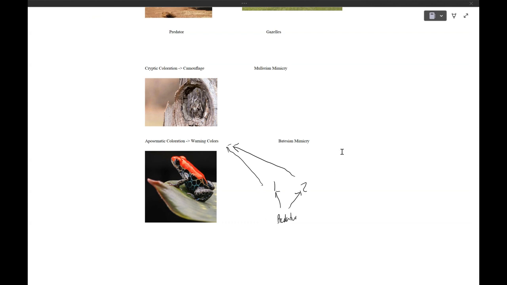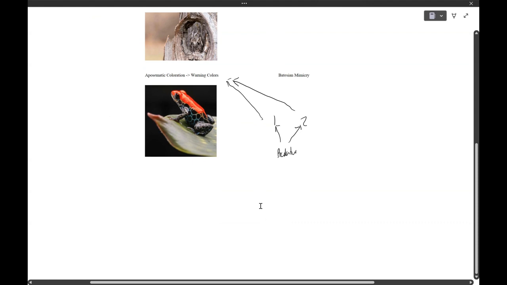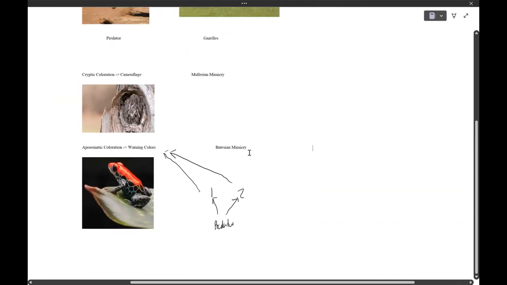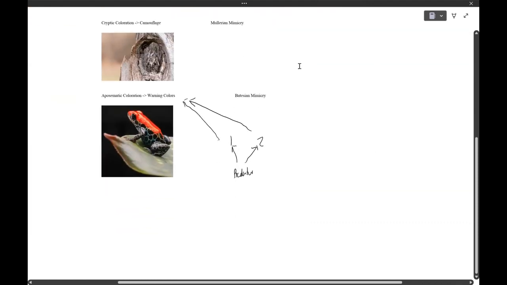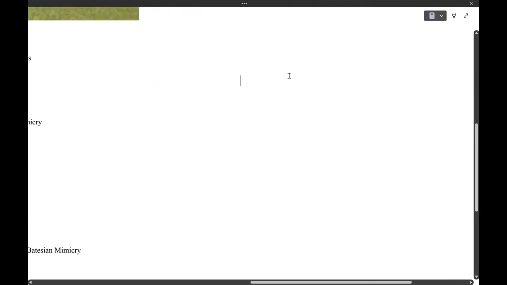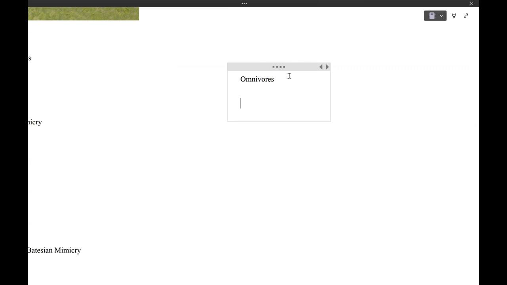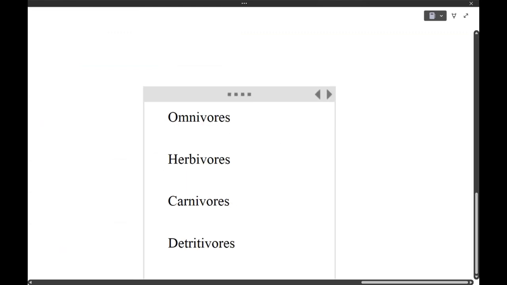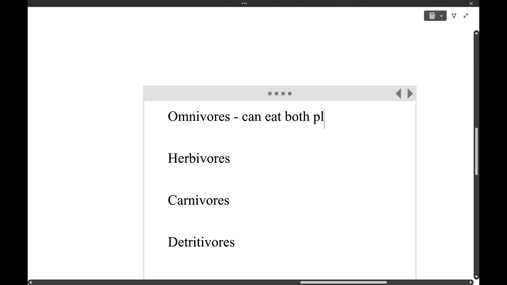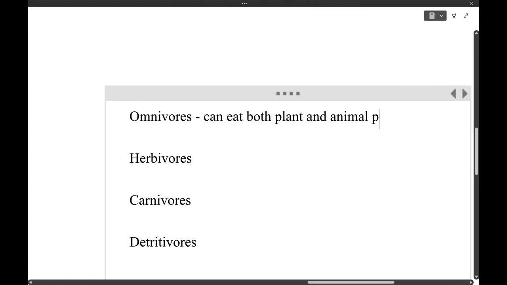And while we're on the topic of predators, we can also talk about where these animals get energy and nutrients. You have four types, in no particular order: omnivores, herbivores, carnivores, and detritivores. Omnivores can eat both plant and animal material.